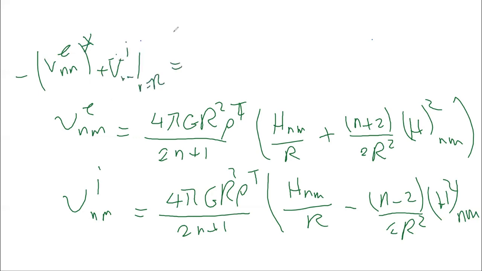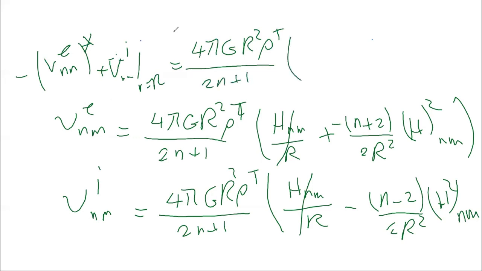Okay. This one will be this one, and this one will be minus this will be 2n. Let me see, 4 pi G R squared rho over 2n plus 1. It will be 1 over 2 over R squared, minus n minus 2, minus n plus 2, and H_nm squared.